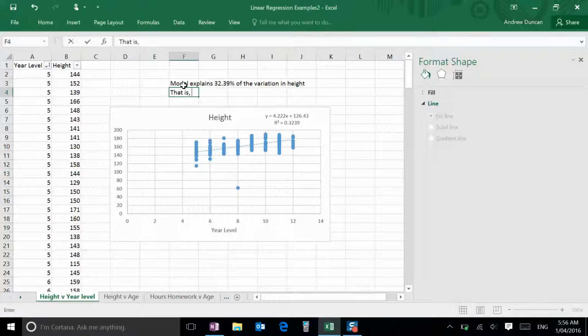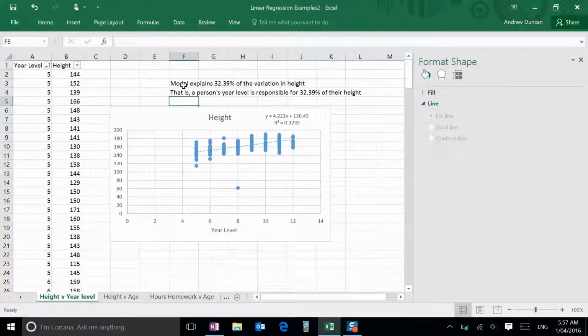That is, a person's year level is responsible for 32.39% of their height. So the year level determines their height, but only 32.39%.